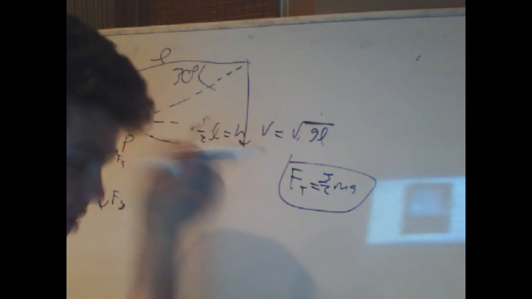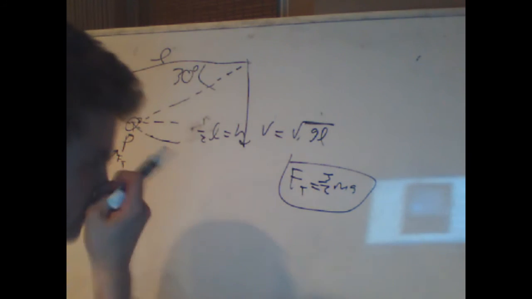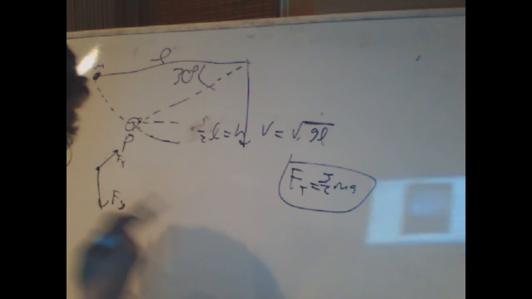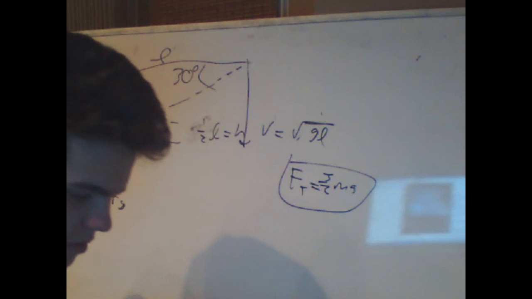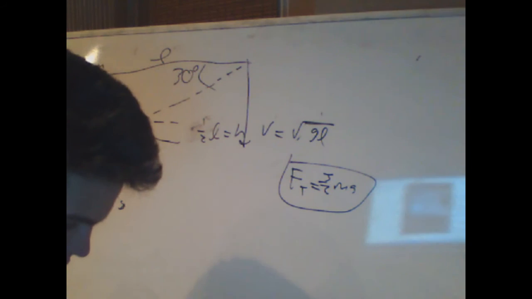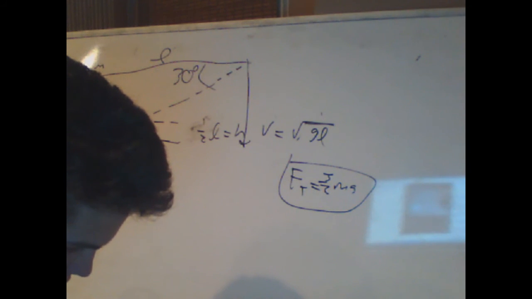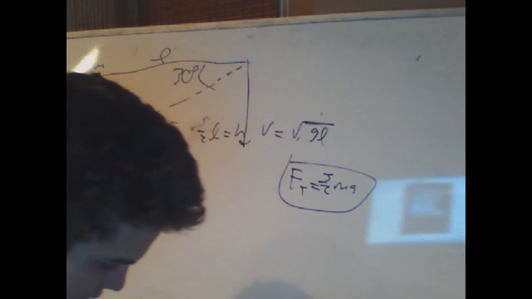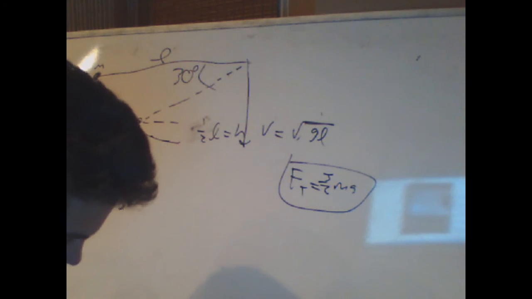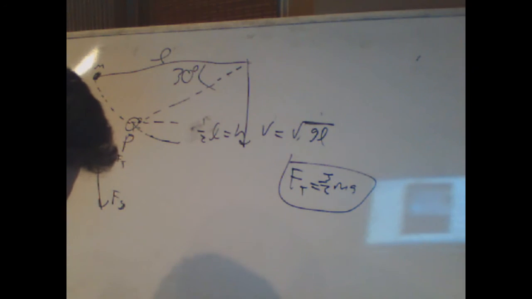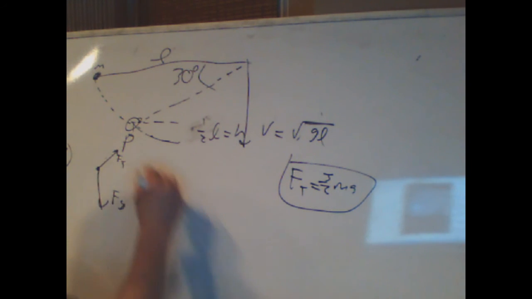And lastly, we want to determine the tangential acceleration. We have the centripetal acceleration now. So how do we find the tangential acceleration? Well, there's a couple ways you could do this. I think, personally, the easiest way would be to use our little angles here. So, we know F equals ma, right?